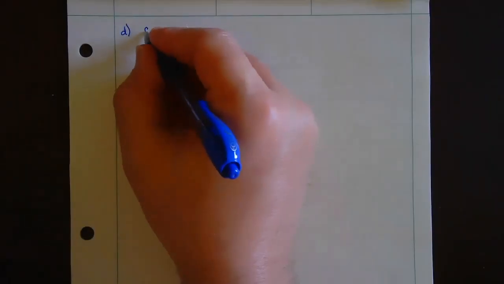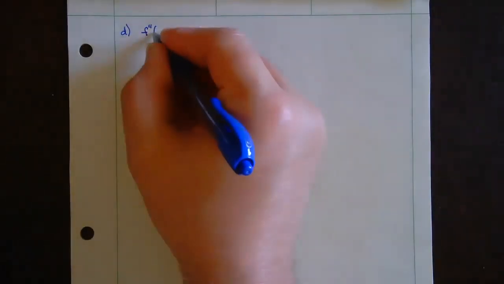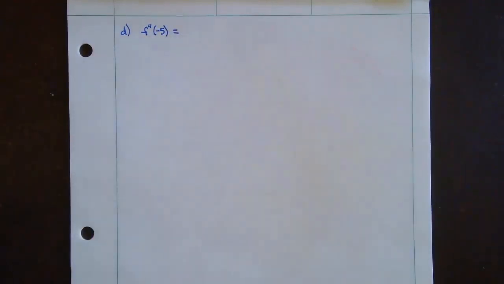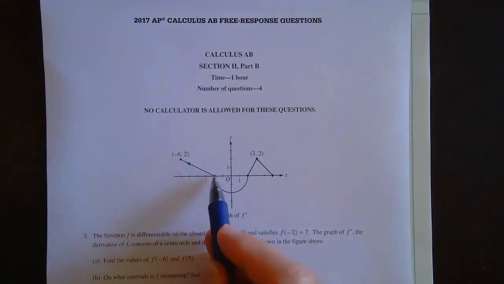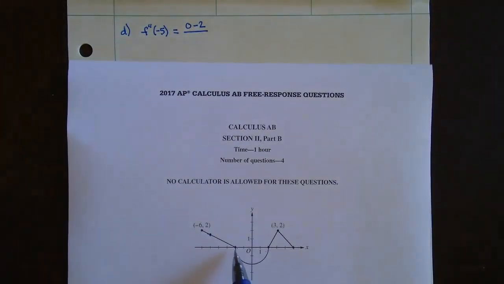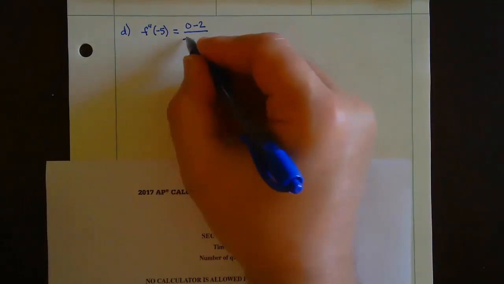So for part D, I know f double prime at -5 is going to wind up being the slope for these 2 points right here, this point and this point. So it's going to be 0 minus 2 over, since I started with this one, -2 minus -6.